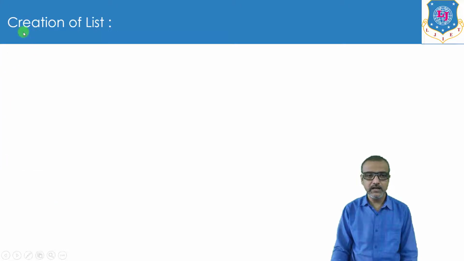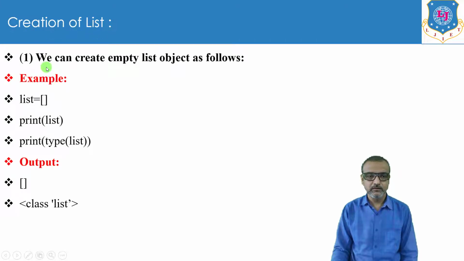Now we will see how to create a list, that is creation of list. We have different methods to create the list. First one is we can create empty list object as follows. Example, here we have written list.